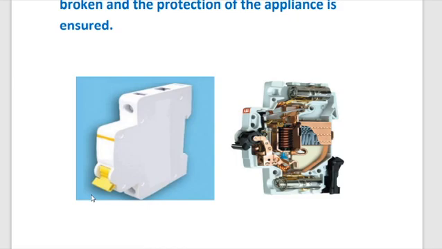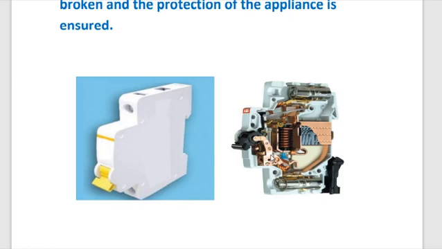An MCB is a switching device which can be activated automatically as well as manually, both are possible. Then it has a spring, you see, attached to the switch, which is attracted by an electromagnet. Electromagnet means when we apply the current, it acts as a magnet.